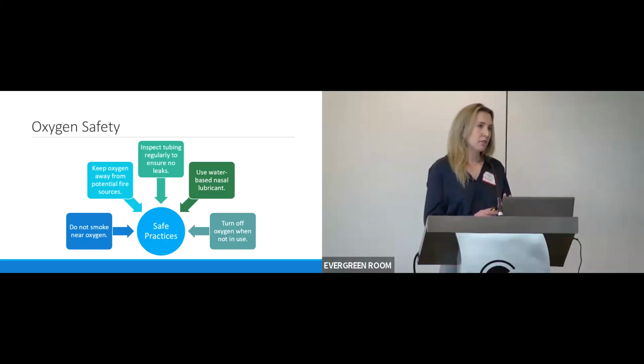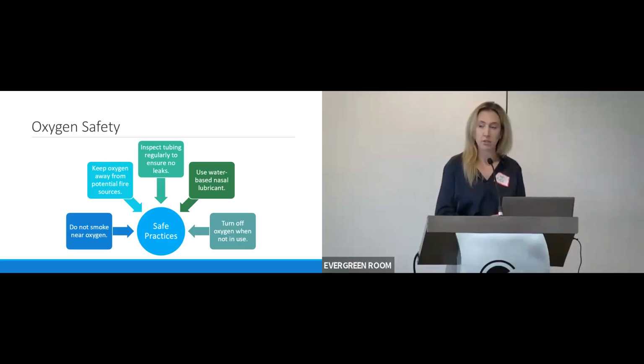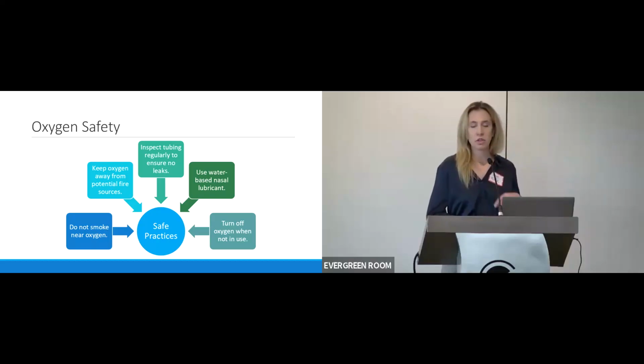The other safe practice is, of course, keep oxygen away from fire sources. So make sure that you're not near an open flame with oxygen. Check the tubing regularly to make sure that you're not leaking oxygen everywhere. Use a water-based nasal lubricant, so some folks, especially with that nasal crusting or nasal dryness, want something that can help moisturize the nasal passages.